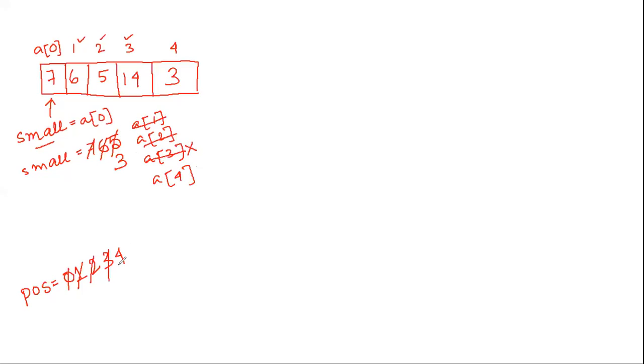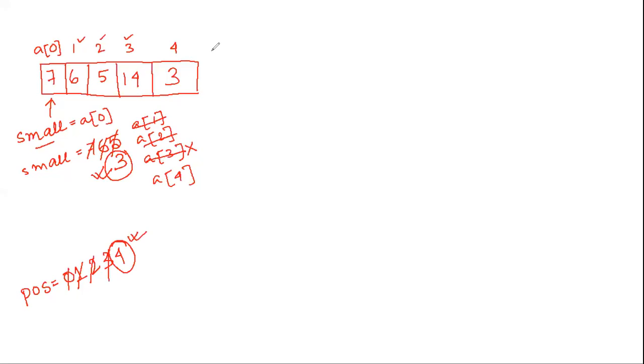So finally, I have the smallest number saved in my small variable, and I also have the smallest number's position saved in my pos variable. Is this concept of finding the smallest value clear to you all? Yes, ma'am. Okay, so this is the way we find the smallest.